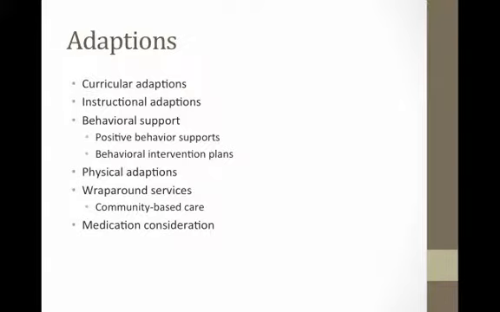For EBD students, it's very helpful to them if they have a time. So you say, okay, we're going to be transitioning to this in 3 minutes. So it gives them time to mentally prepare to move on to another activity.